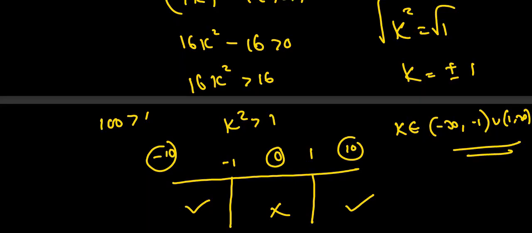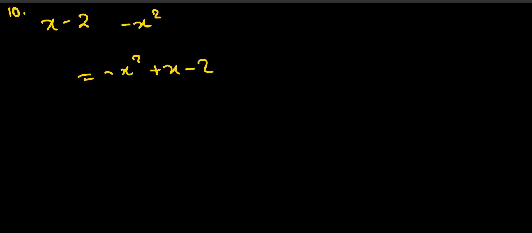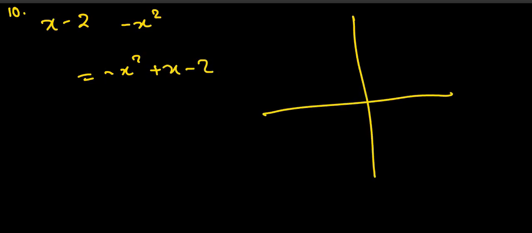In short, we're just saying that the graph can only be seen down. So this is maybe if we were to picture this, this is number 10. So I can rewrite this as follows. This is what you get. So this just means that the graph is always going to be down like that.